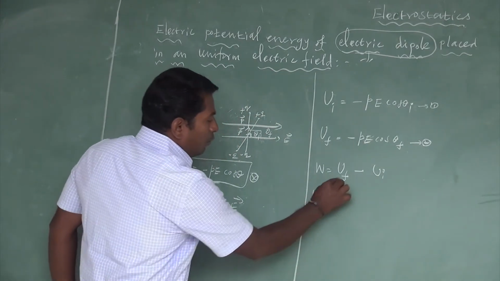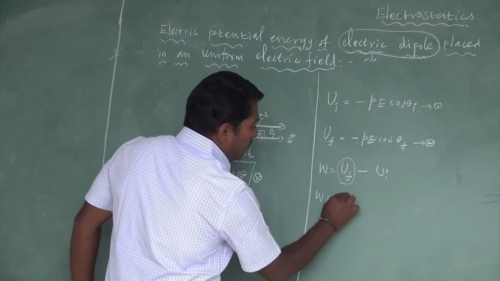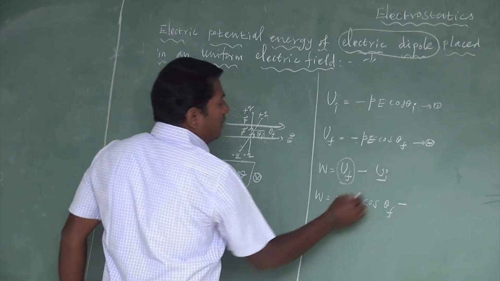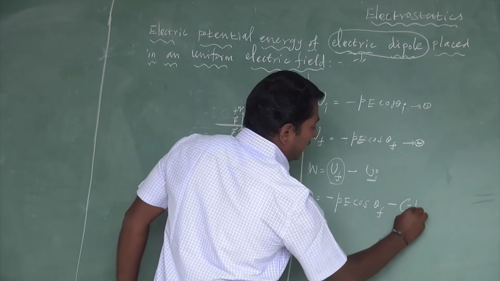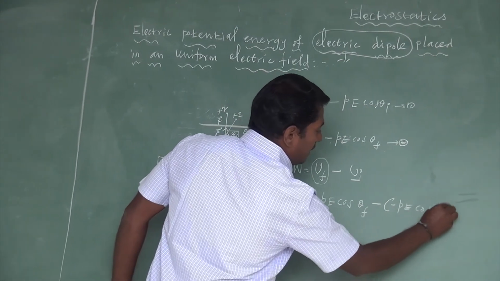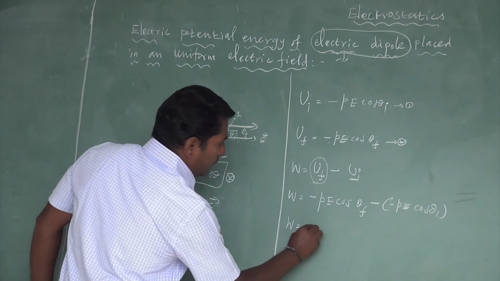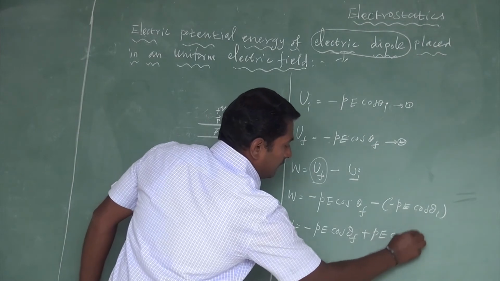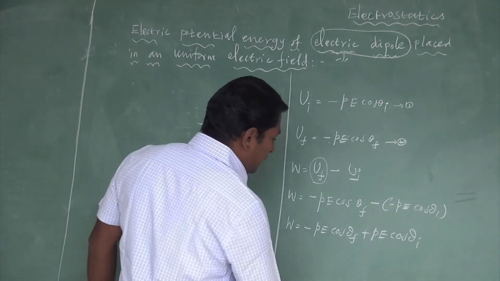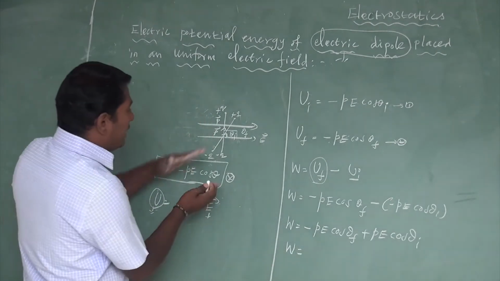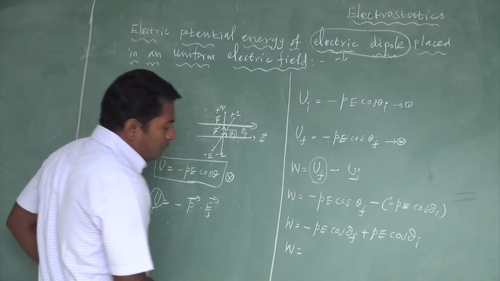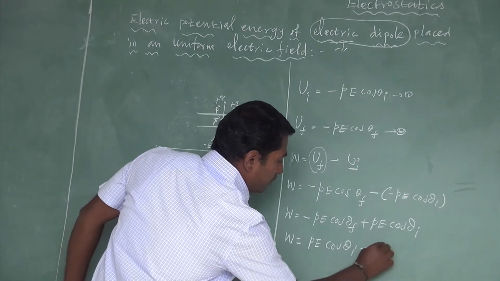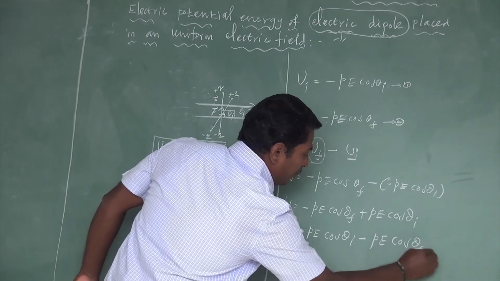W is equal to the final potential energy, minus PE cos theta F, minus the initial potential energy, minus PE cos theta I. So therefore, W is equal to minus PE cos theta F plus PE cos theta I. It can be rewritten in another way. The amount of work done to rotate the electric dipole from the initial position to the final position is PE cos theta I minus PE cos theta F.